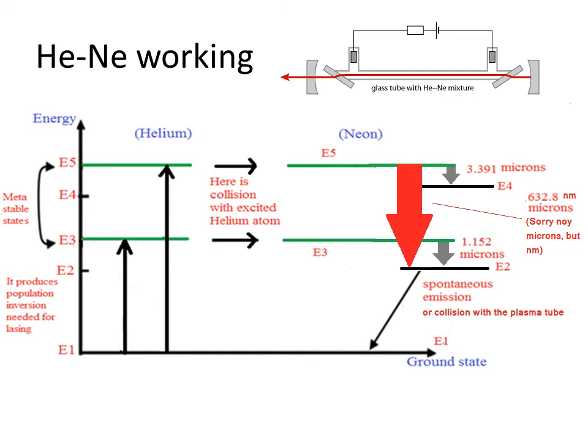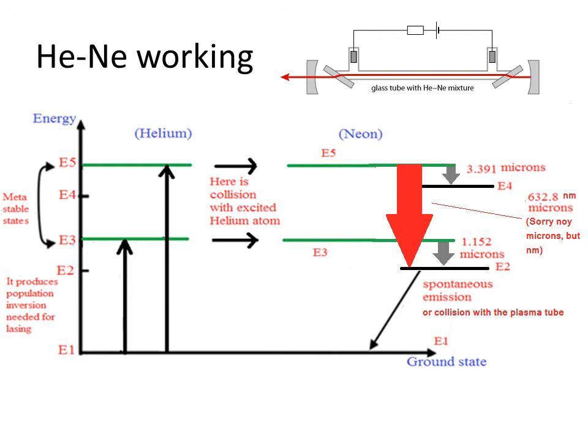If that is the wavelength in which the helium neon laser is operating, then the upper laser level is E5 and the lower laser level is E2. I will just explain this using this 632.8 nanometer emission. So our upper laser level is E5 of neon and the lower laser level is E2 of neon.